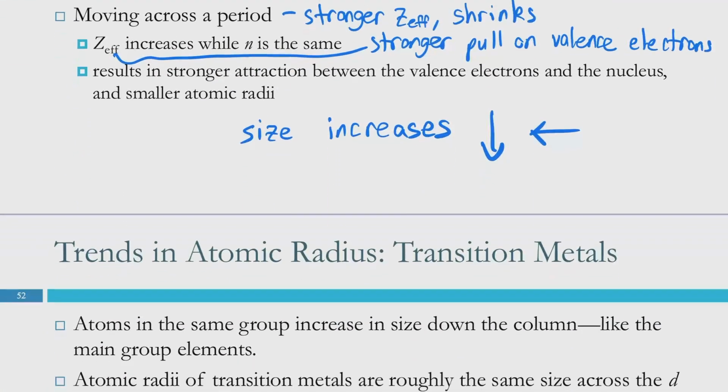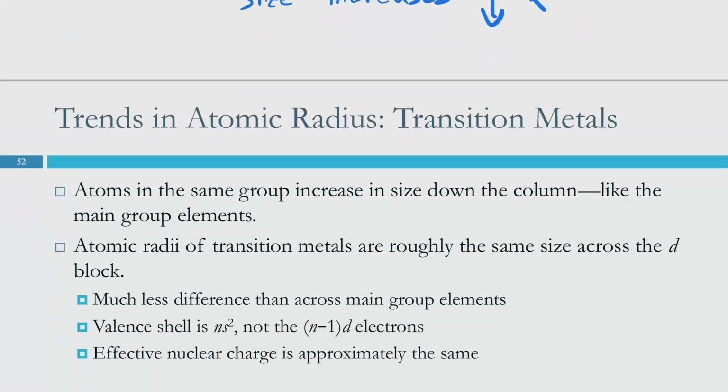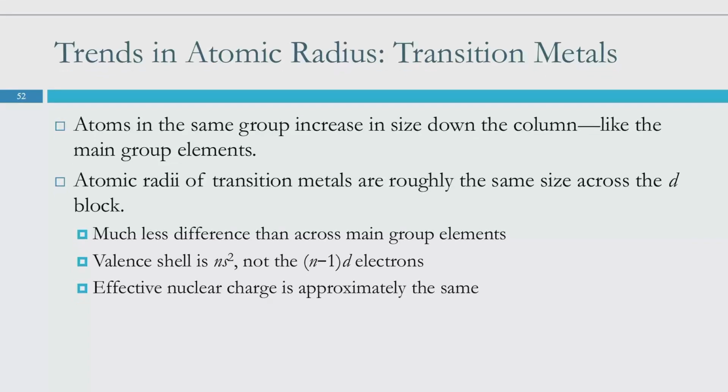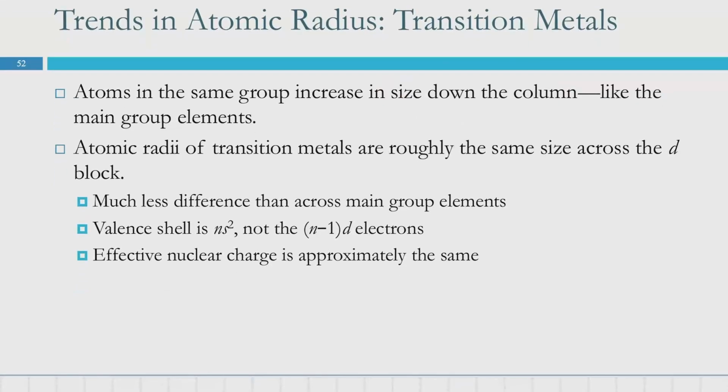All right, we also have trends for the transition metals. For these, the size increases down the column, just like the main group elements. The radius of the transition metals is roughly the same size across the D block.